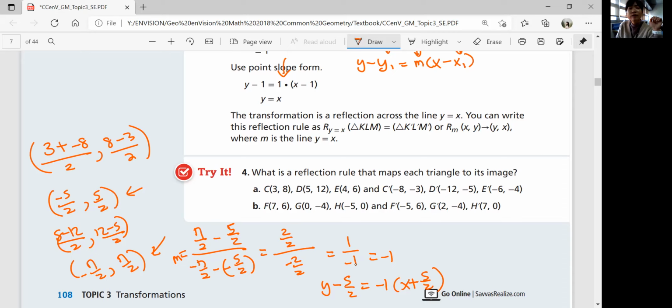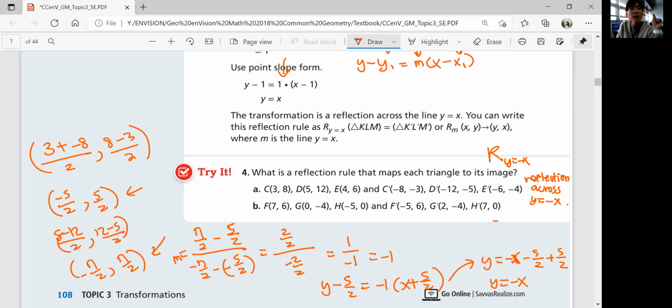And then if you simplify that, it becomes y equals negative x minus 5 over 2, if you do the distributive property, plus 5 over 2, that just becomes y equals negative x. So part A is a reflection across the y equals negative x line. Or you can abbreviate to say R, y equals negative x.